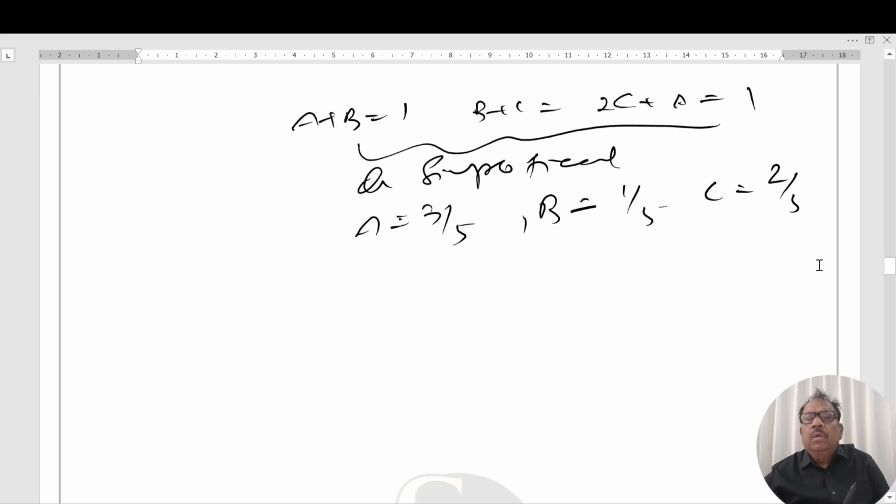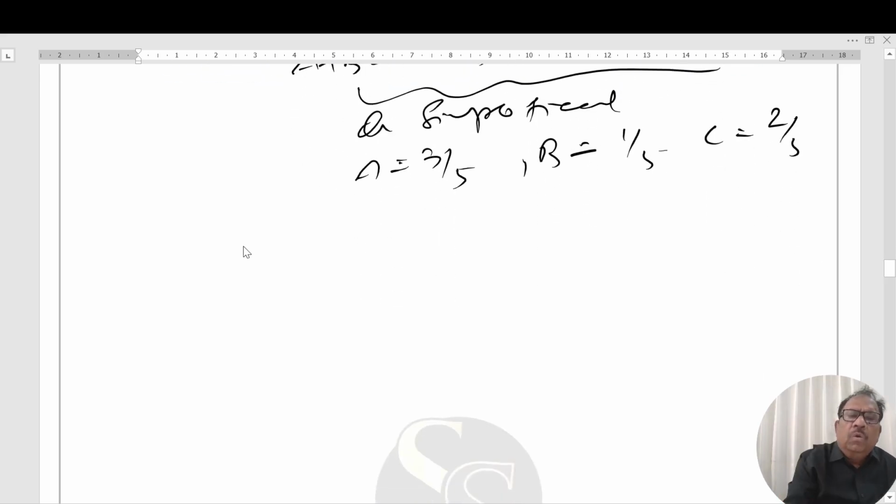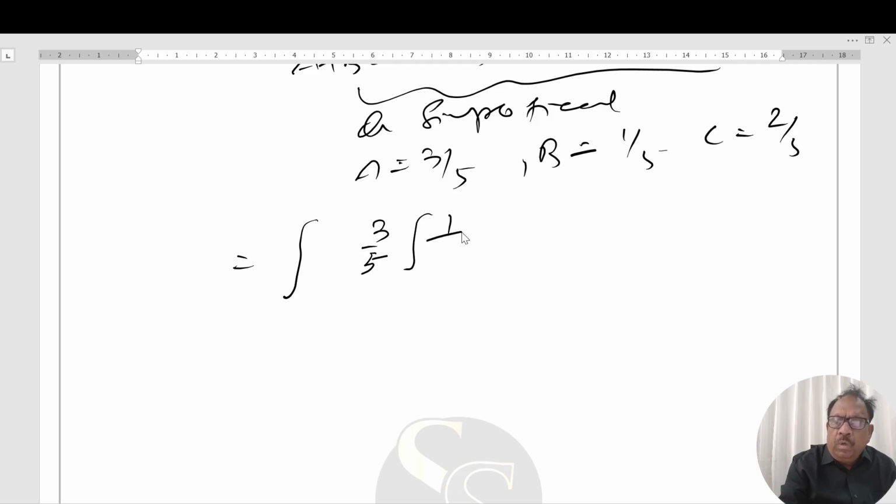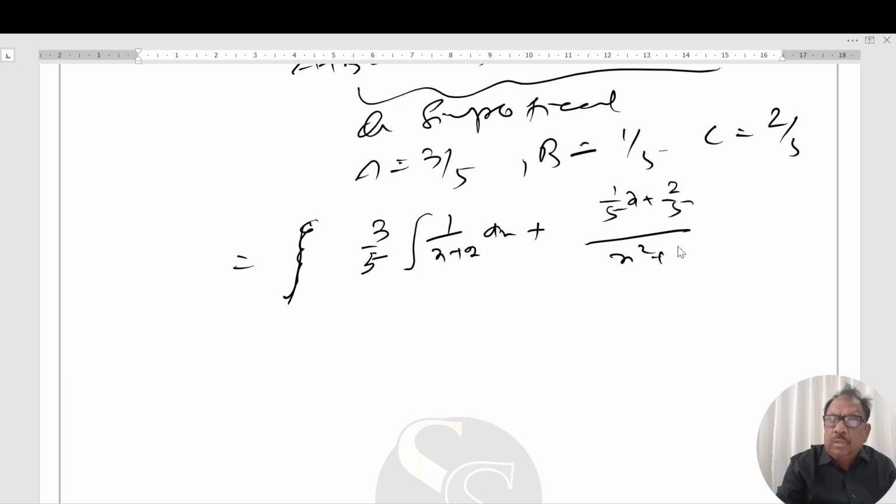Right? Now, the question reduces to: A is 3 by 5, integral of 1 upon x plus 2 dx, plus (b is 1 by 5, x plus c is 2 by 5) upon x square plus 1.